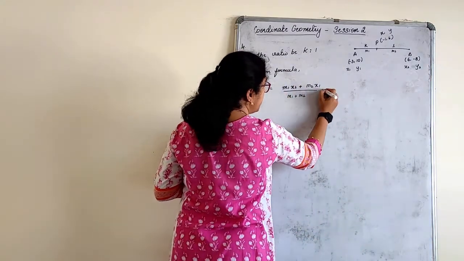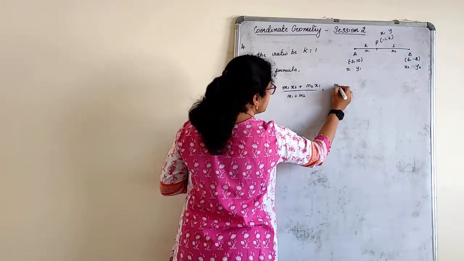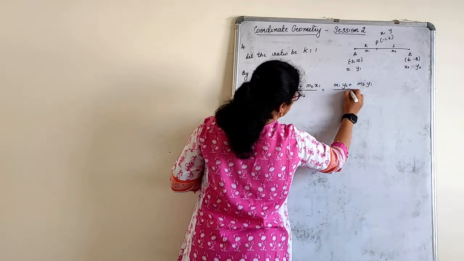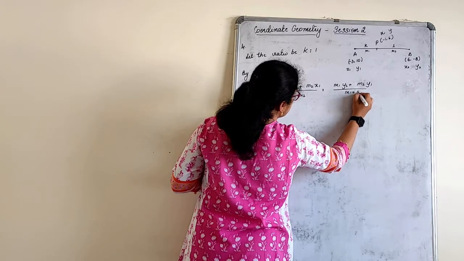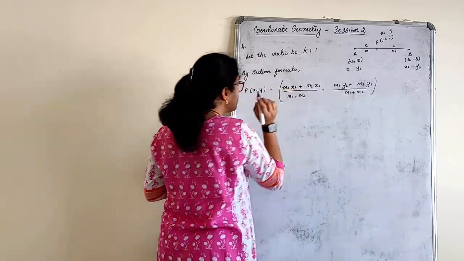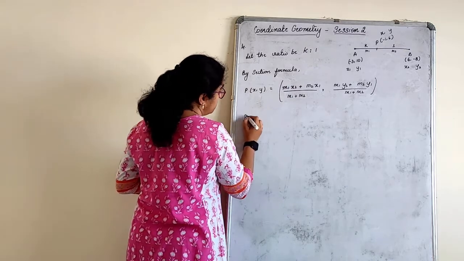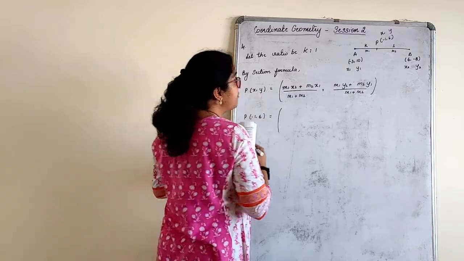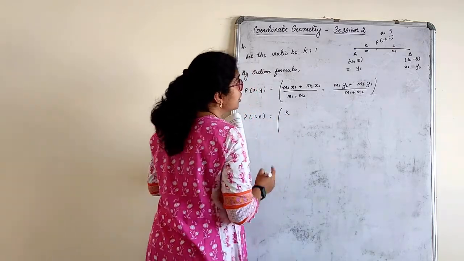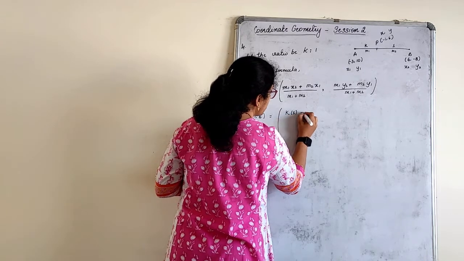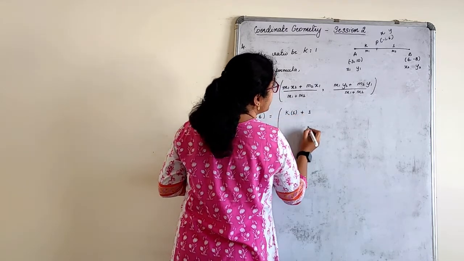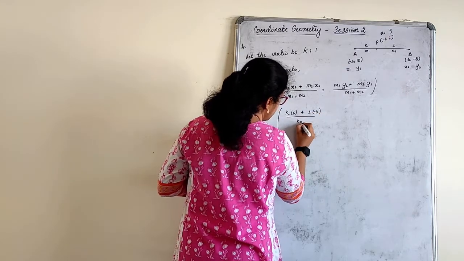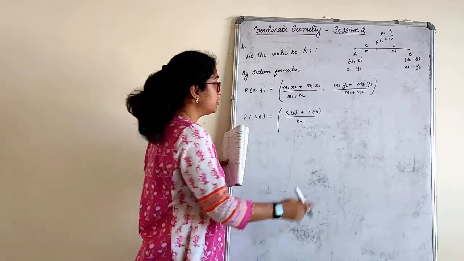The coordinates P minus 1 comma 6 is equal to, what is your m1? k. What is your x2? 6. Plus, what is your m2? 1. What is your x1? Minus 3. Divided by k plus 1.